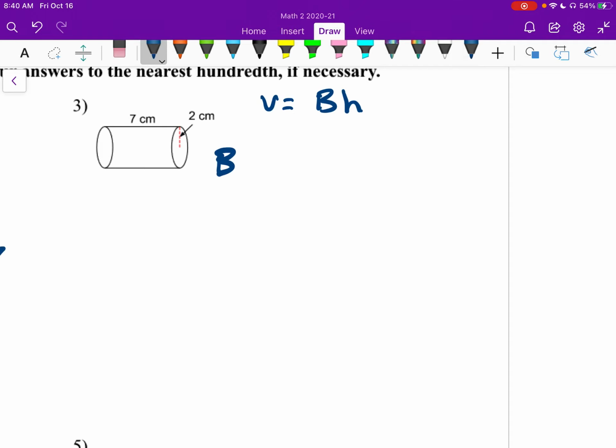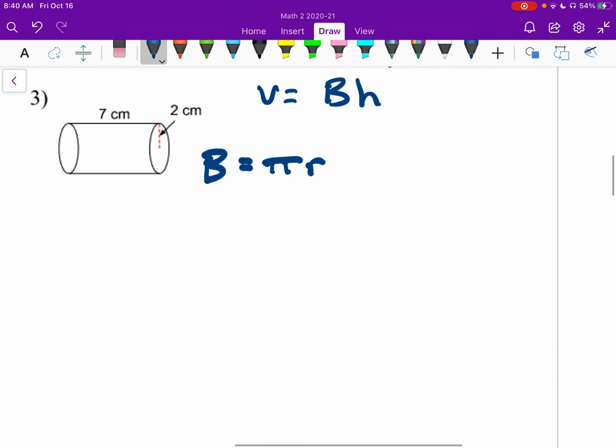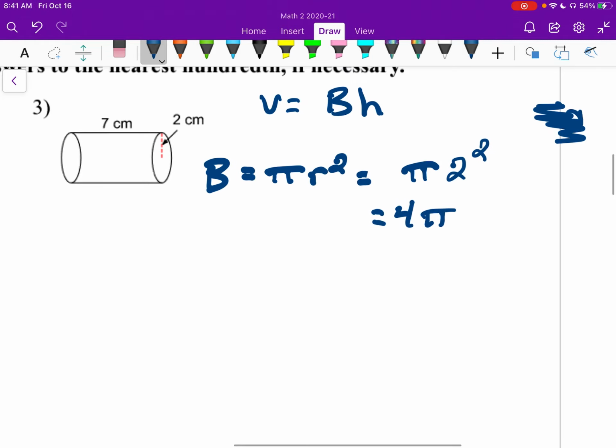So big base is the area of the base, which is going to be pi r squared, which whenever I plug in r, I get pi 2 squared, which is going to be 4 pi. I'm going to leave things in terms of pi to start off with, and then at the very end I'll multiply in my pi. So big base is 4 pi, and h is going to be 7.